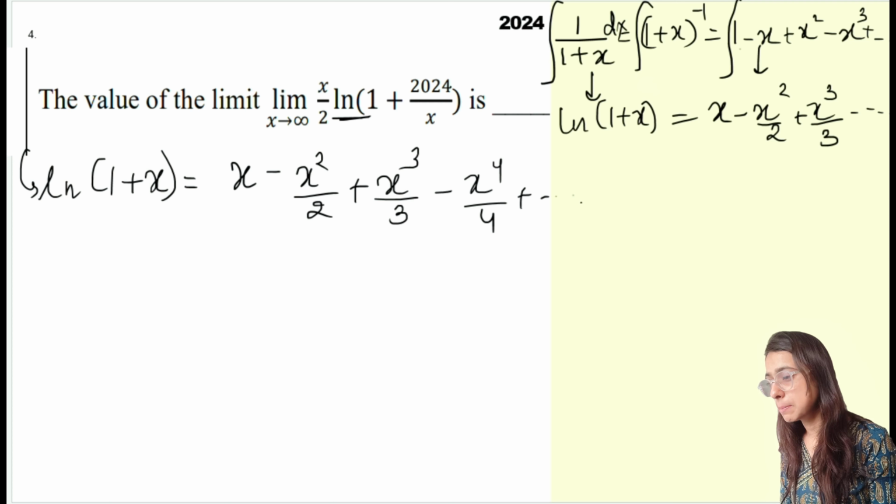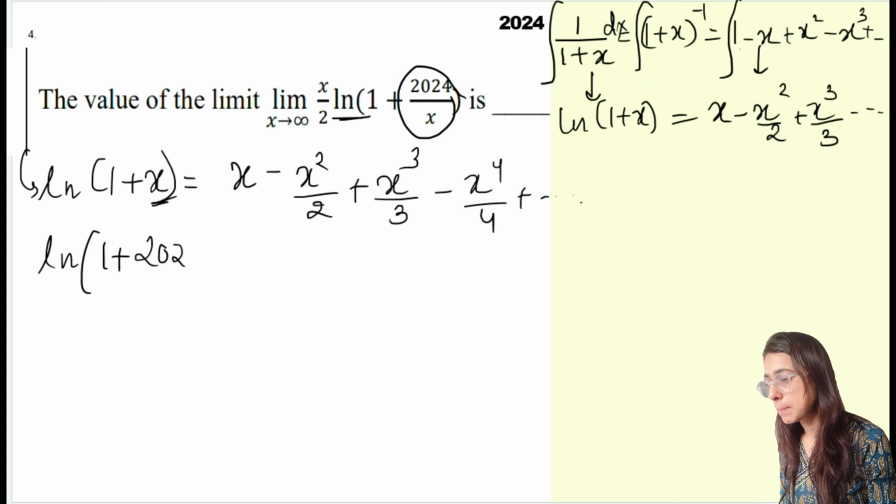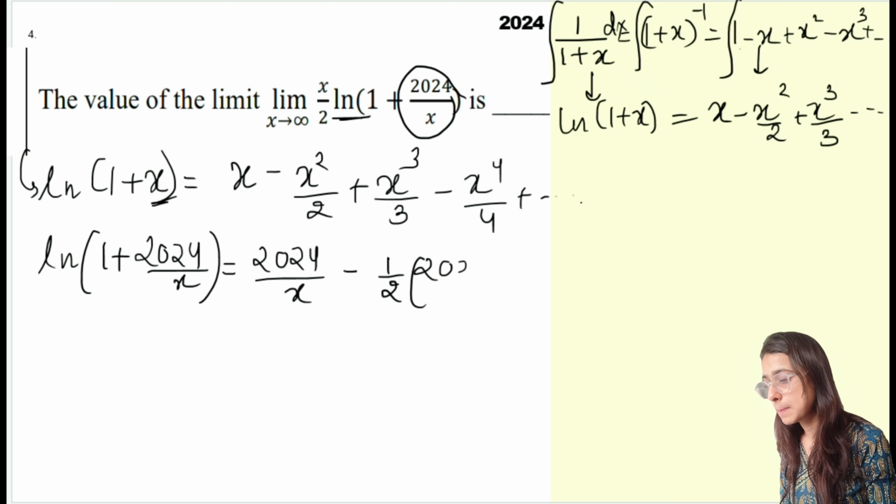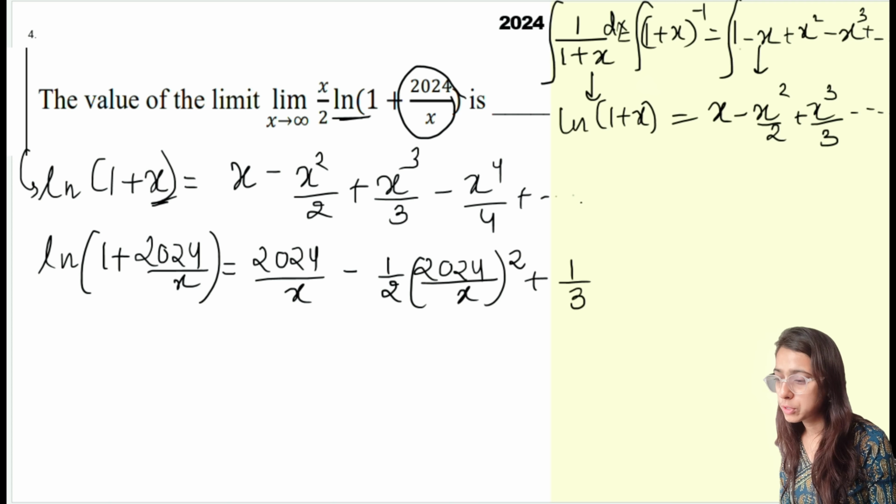Here we have to put 2024 by x in place of x. So log 1 plus 2024 by x will become 2024 by x minus 1 by 2 into 2024 by x squared plus 1 by 3 into 2024 by x cube and so on.